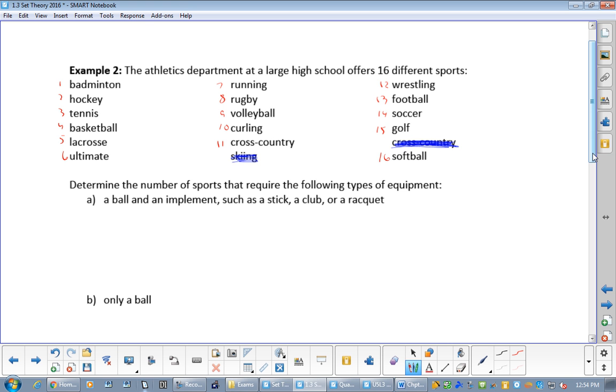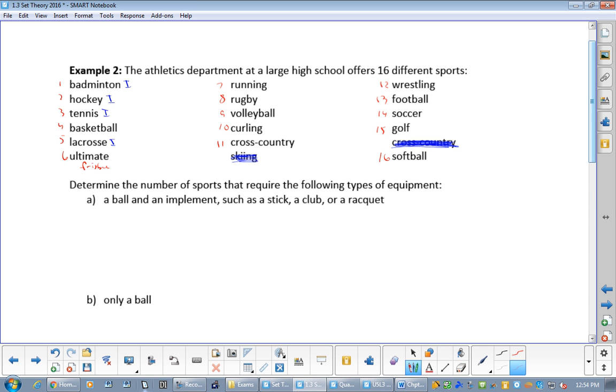So, anything that takes, let's just do implements. That is a stick, a club, a racket. Okay, so let's put an I beside the ones that take one. Hockey would be I. Tennis is I. Basketball, no. Lacrosse, yes. Ultimate, that's frisbee, by the way.